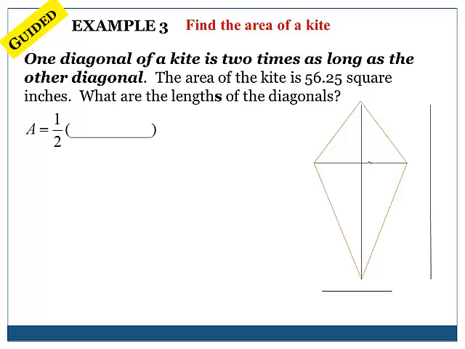Okay, for a kite, one diagonal of a kite is 2 times as long as the other diagonal. The area of the kite is 56.25 square inches. What are the lengths of the diagonals? We can recall that the area of a kite is 1/2 diagonal 1 times diagonal 2.